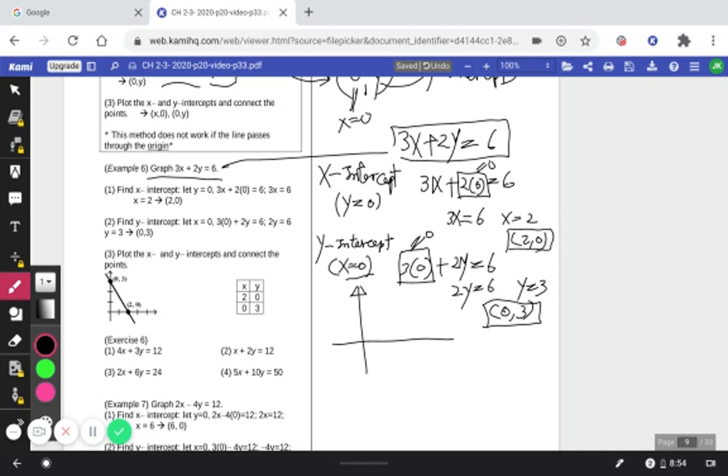First, the x-intercept, which means the line intercepts the x-axis. That's what x-intercept means. So (2, 0): 1, 2, and 0. Look at that, it passes through the x-axis. That's why it's the x-intercept.